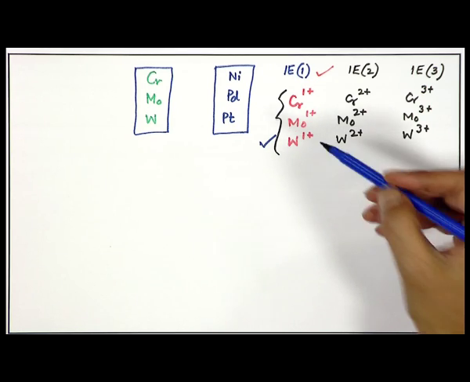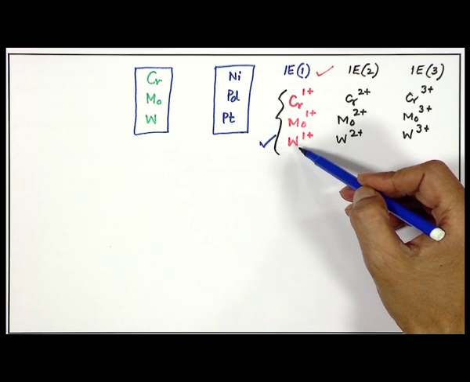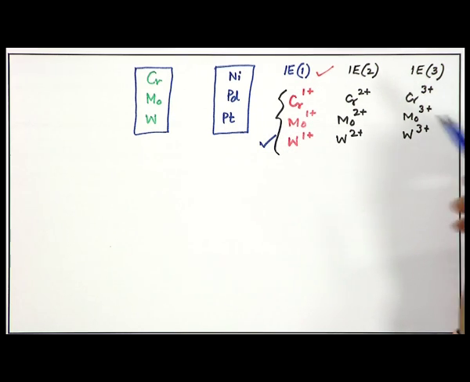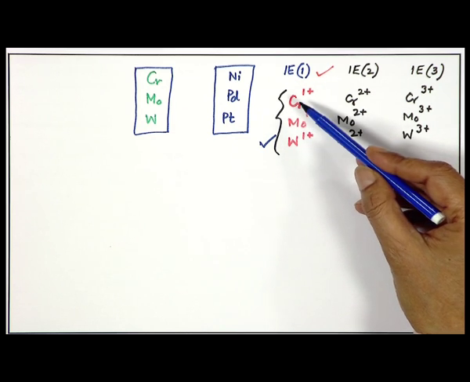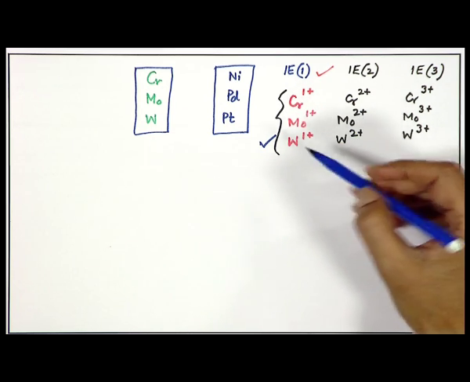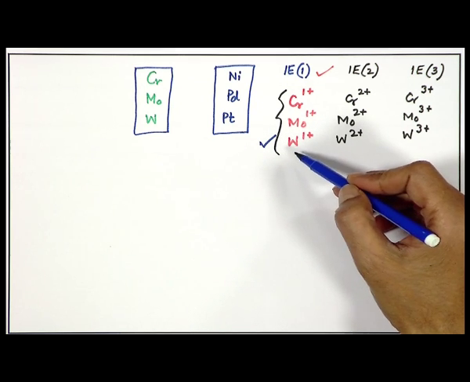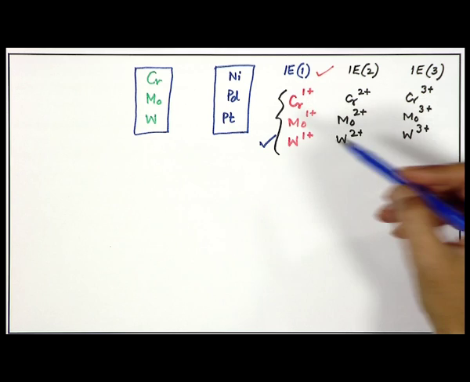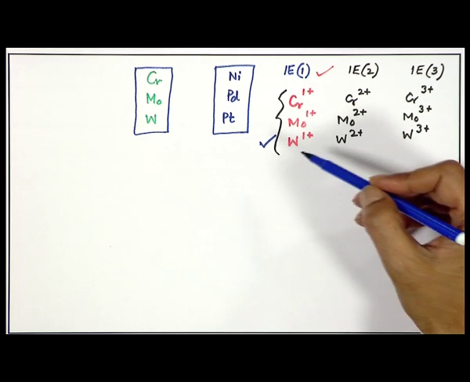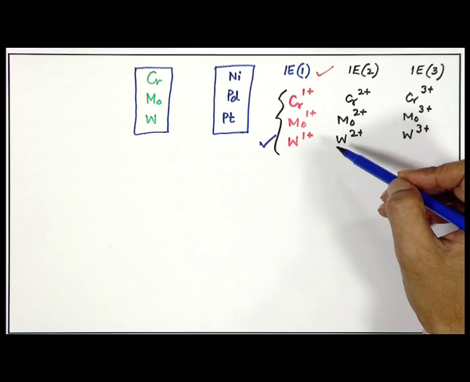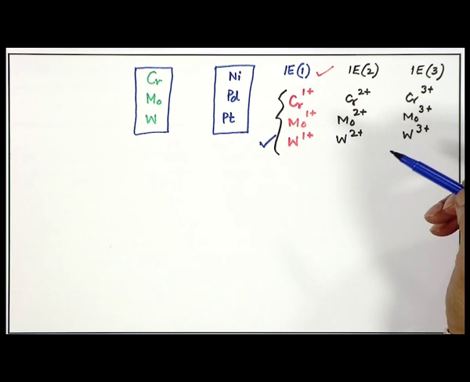The only difference is that the 5d orbitals are a little bit more spatially exposed compared to 4d or 3d orbitals, so the spatial exposure of d orbitals is a little different, and they are bigger in tungsten compared to molybdenum.